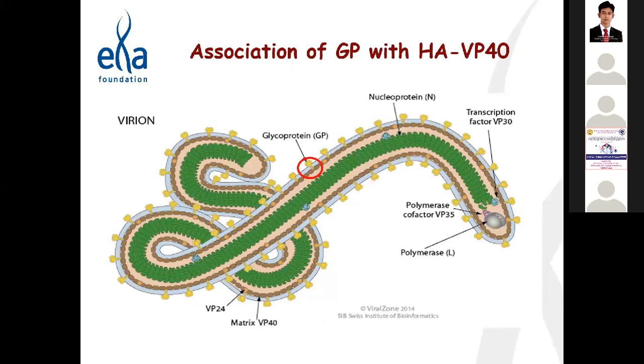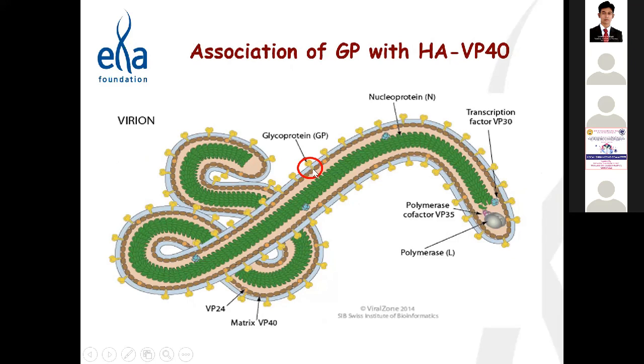We also wanted to test whether these two are associated with each other by biochemical means. If you can see here, these bead-like structures in the Ebola virus are VP40, and if you take a closer look, these are somehow associated with the glycoprotein.